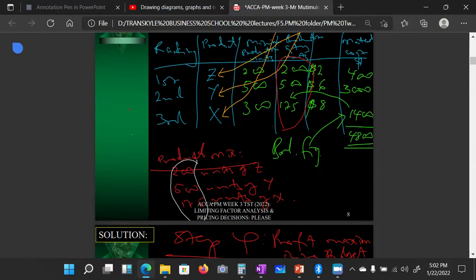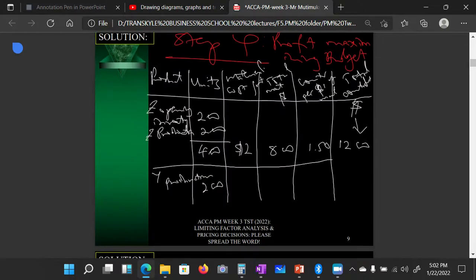Units produced for Y, that's 500. We produce 500 at how much? The material cost was $6, so that's 3,000. And there was a contribution of $1, so it will remain 3,000. We move on.